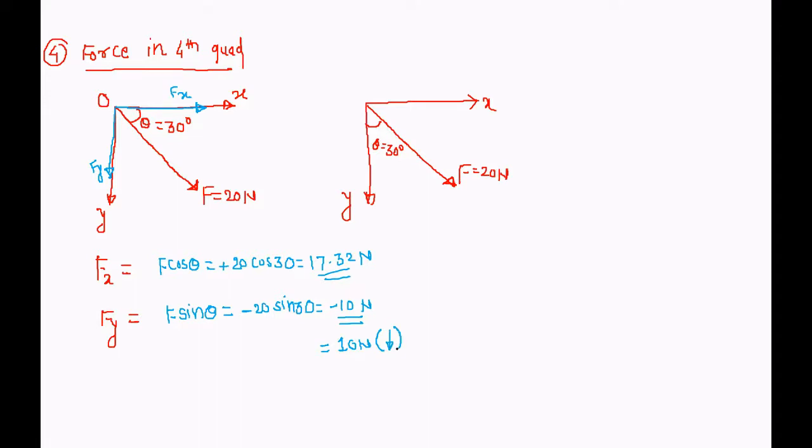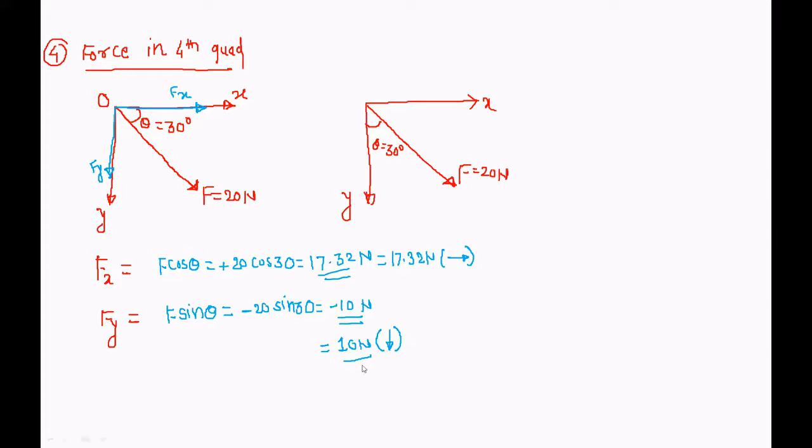So direction in that case will be negative y direction. So this is just a representation. 10 Newton acting in the downward direction, that is the negative y direction. But in the calculation, we have to consider this as a minus 10 Newton. And this 17.32, as it is positive, means this 17.32 Newton is acting towards the positive x-axis. So in the calculation also, we will consider this as a positive.